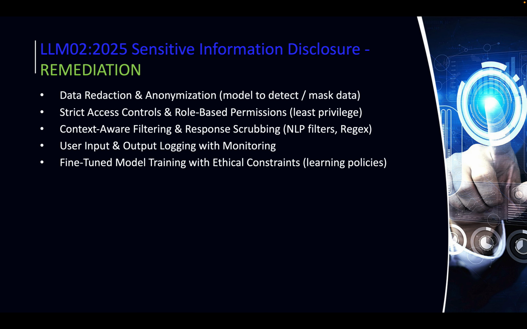Now, what you can do about this from a defensive perspective: data redaction first and foremost, and anonymize the data. The model should be able to detect what is sensitive and what is not. And I totally get that this is really based on a business. Some journalists want their email address out there and their full name. That's totally fine. If you look at TV stations, a lot of these have direct email contacts and even social media handles.